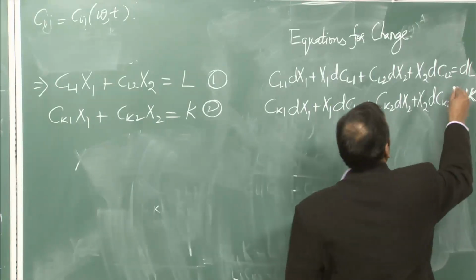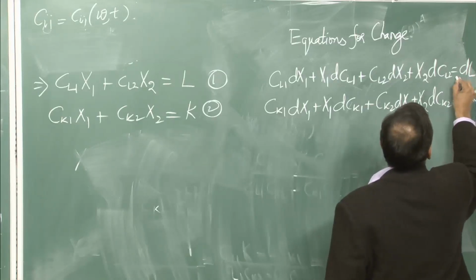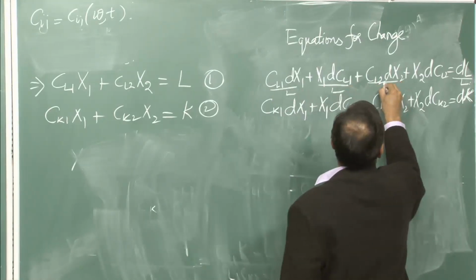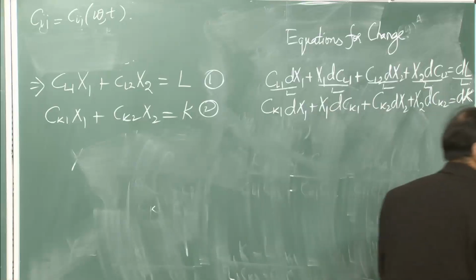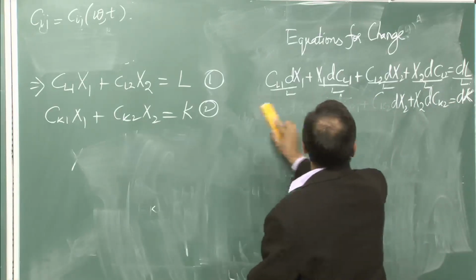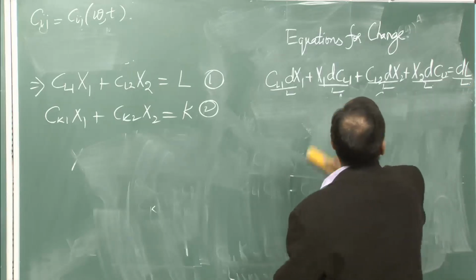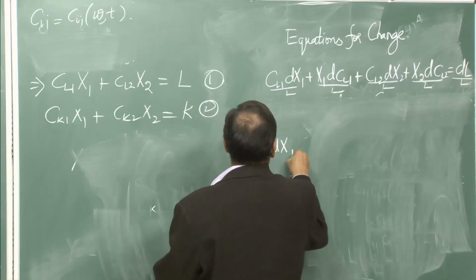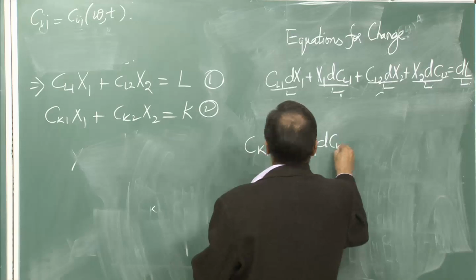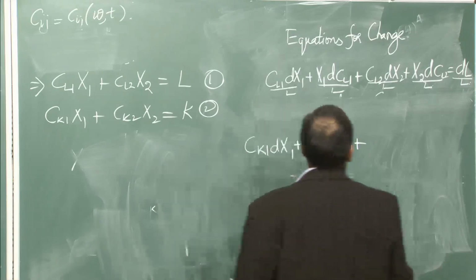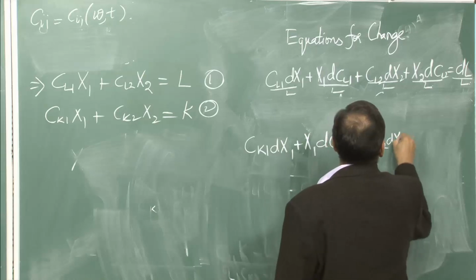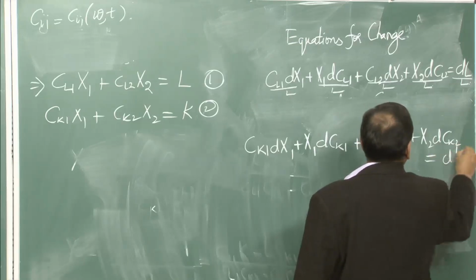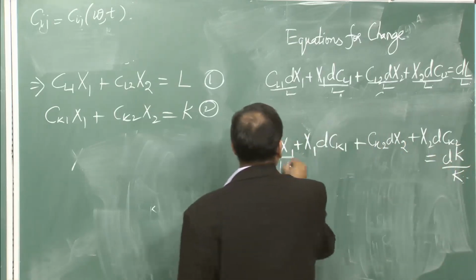Now, divide by L in the numerator and the denominator throughout, and here by capital K in the second equation.